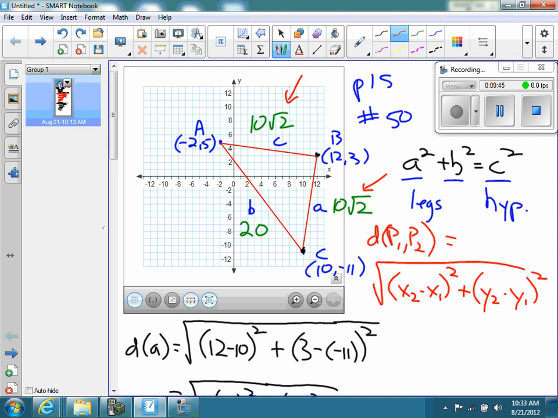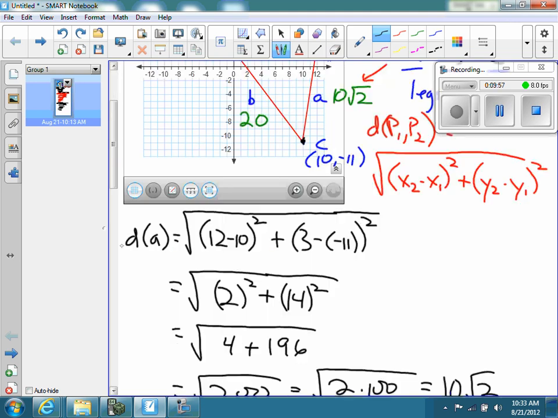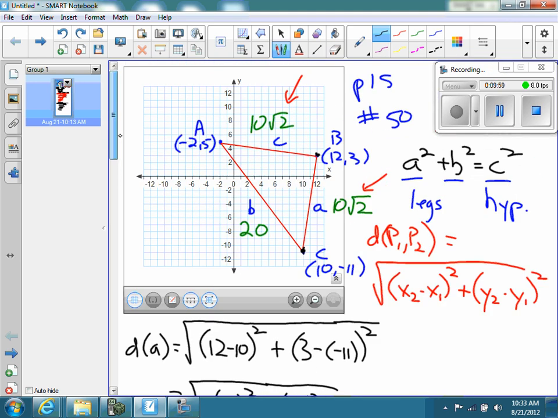So if I want to plug this into the Pythagorean Theorem, I'm going to have 10 radical 2 squared plus 10 radical 2 squared is equal to 20 squared. We have to see if this is a right triangle.